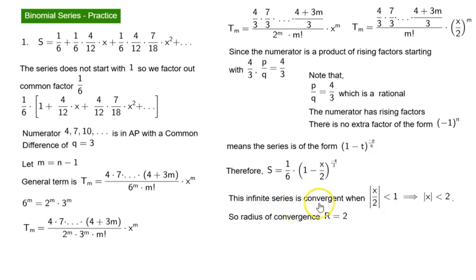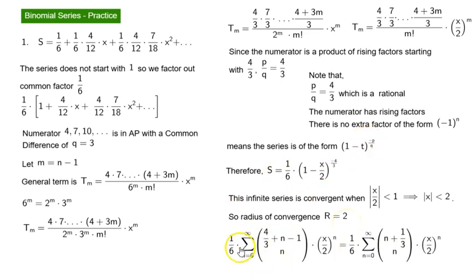This infinite series is convergent when the absolute value of x by 2 is less than 1, which implies magnitude of x is less than 2. So the radius of convergence r is equal to 2.